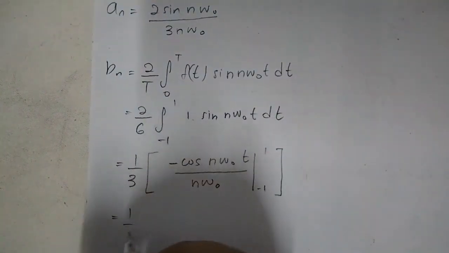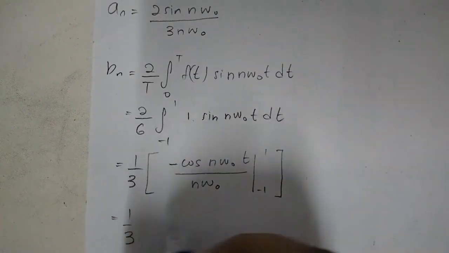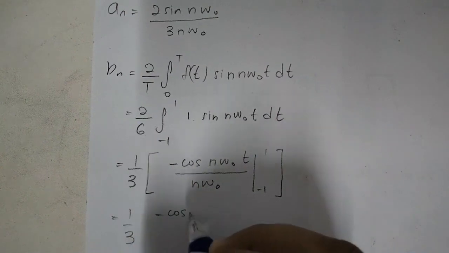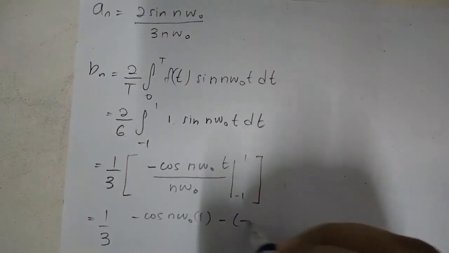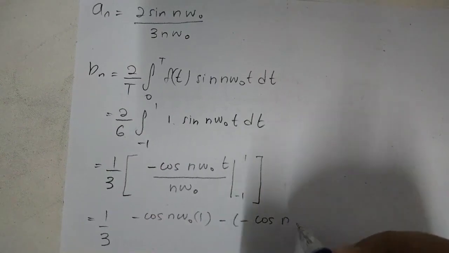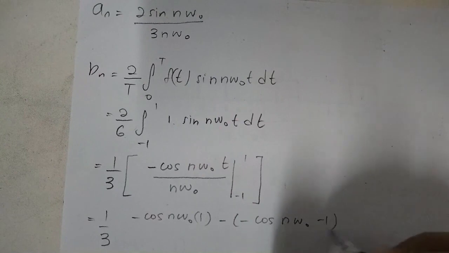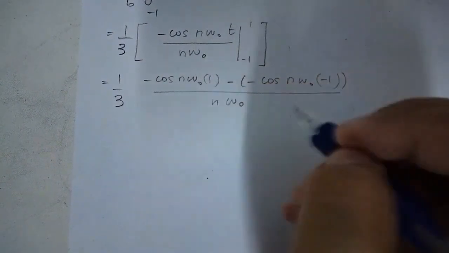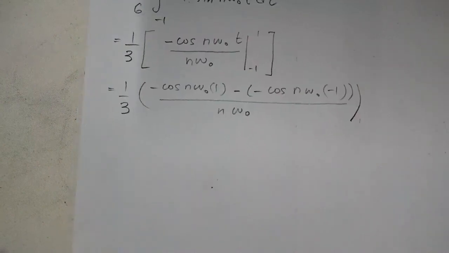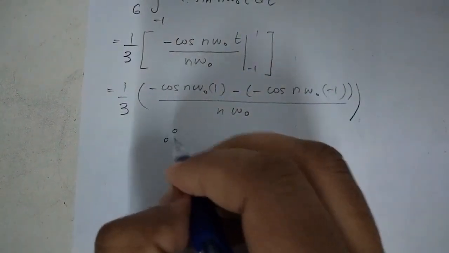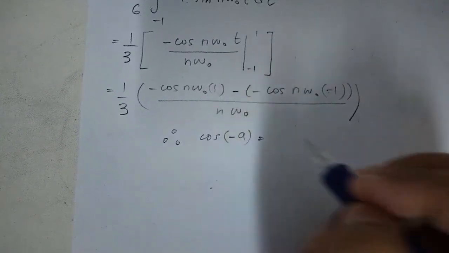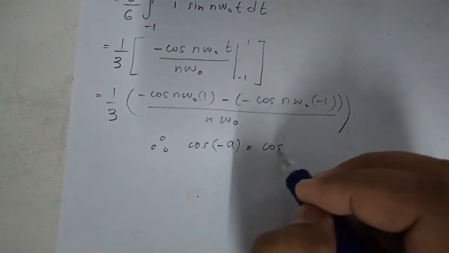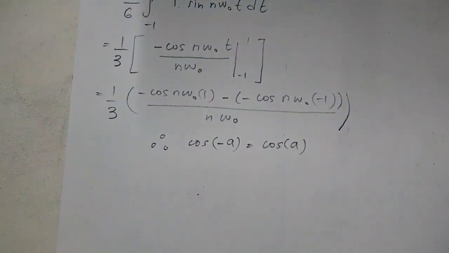So 1 over 3n omega naught times negative cos(n omega naught) minus cos(n omega naught times negative 1). Now we know that cos of negative a is equal to cos a, it's the same.